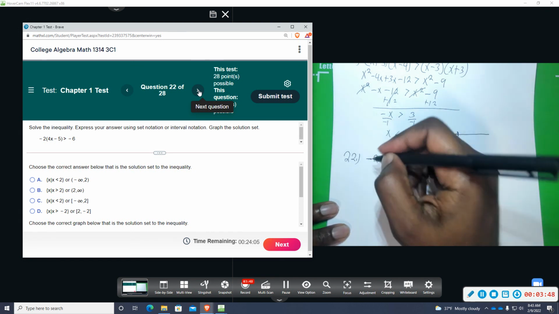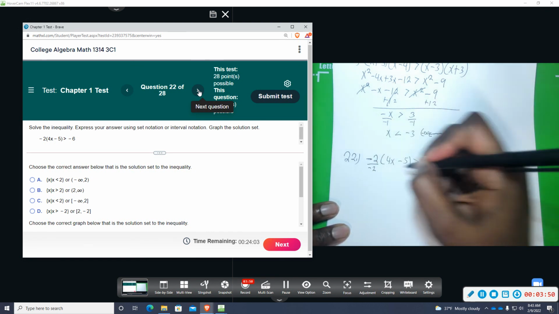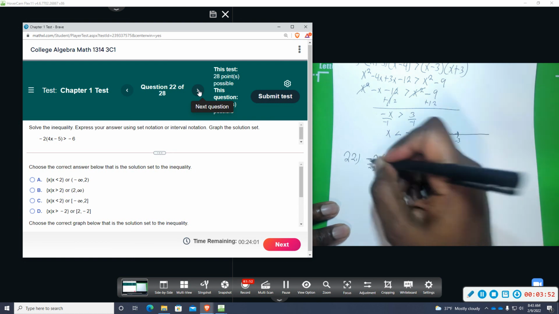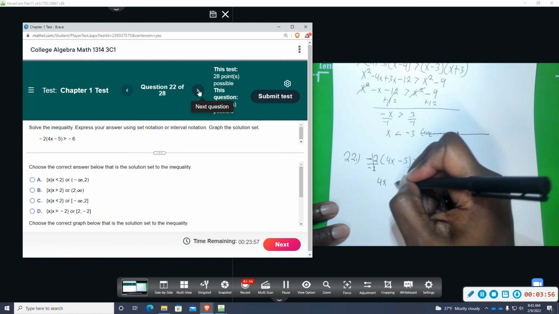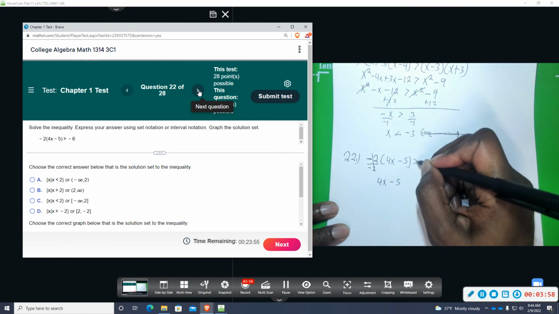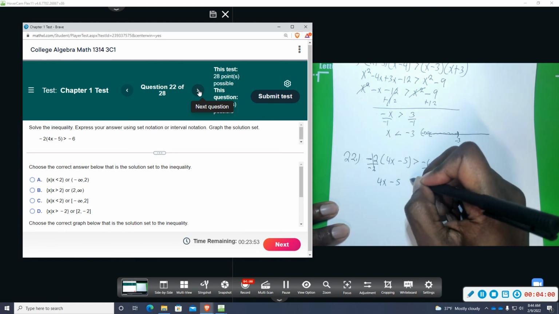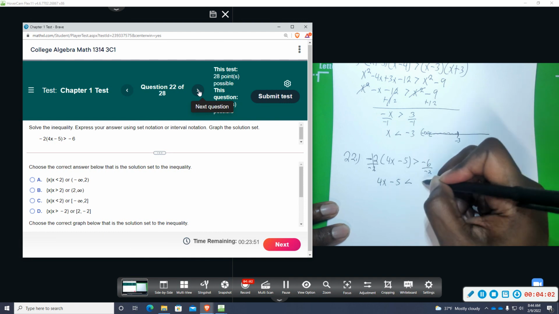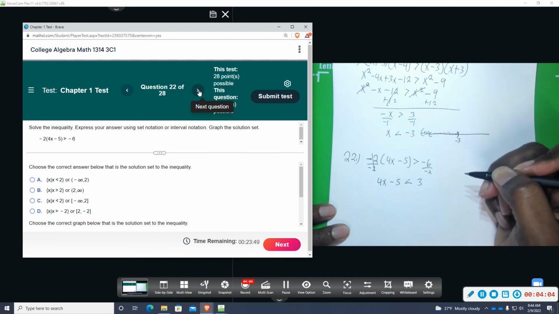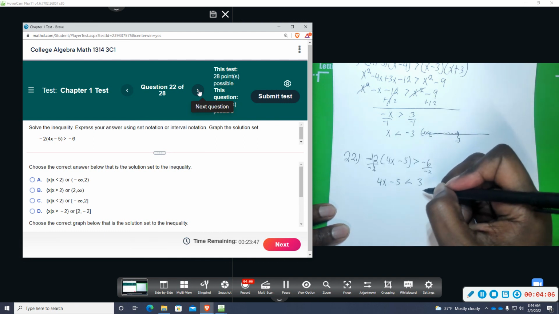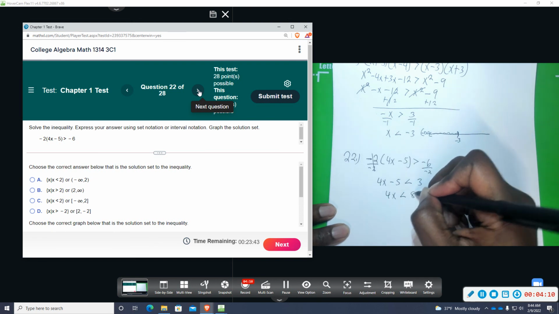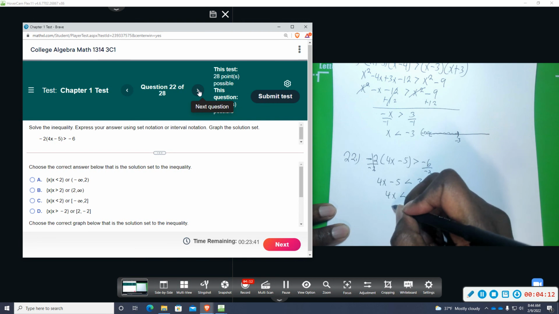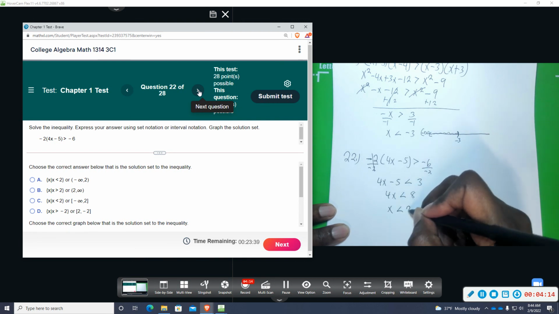So I'm going to divide by -2 first. That's going to be 1, bring down my 4x minus 5. This sign gets flipped because I divided by a negative. Is less than, divide, and that will give us a positive 3. We're going to add 5 to both sides, so that's going to give us 4x is less than 8. Divide by 4, we get x is less than 2.